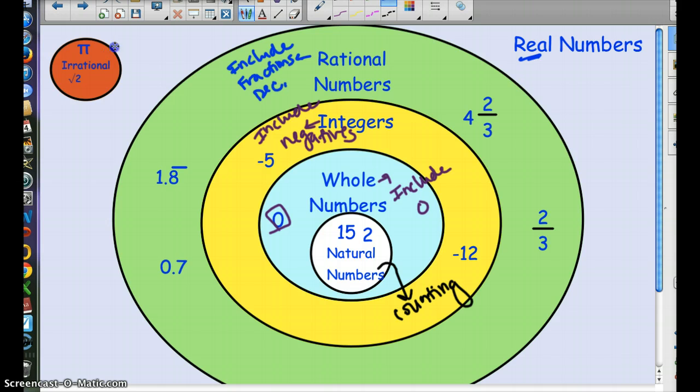Irrational numbers are numbers like square roots that don't come out evenly. Pi is an irrational number.